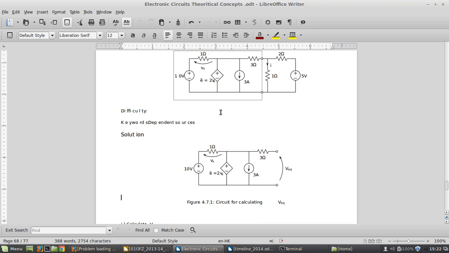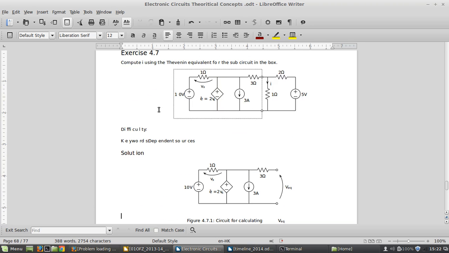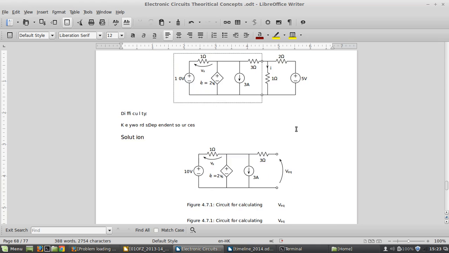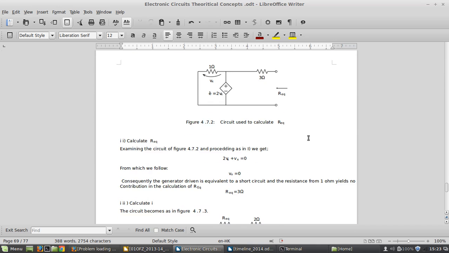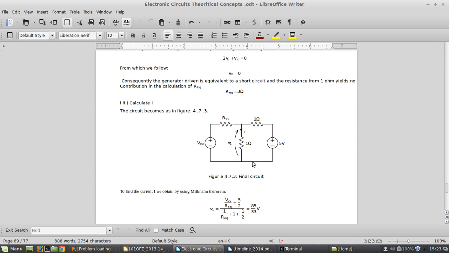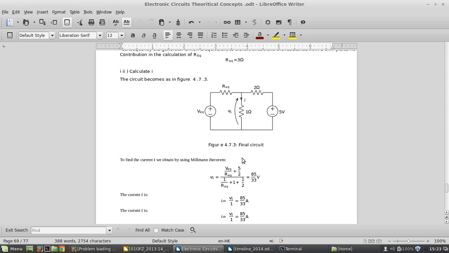Inside this loop, the summation of the loop voltage is 0. Solving this equation, you also find that Vx equals 0. That means this portion of the circuit has no effect, and lastly we just remain with this resistor, 3 ohm, which will be the R equivalent.